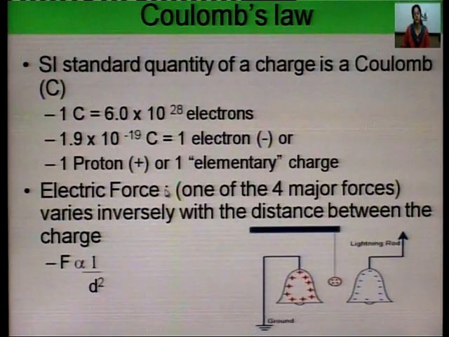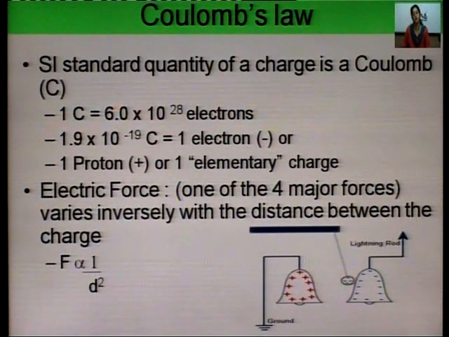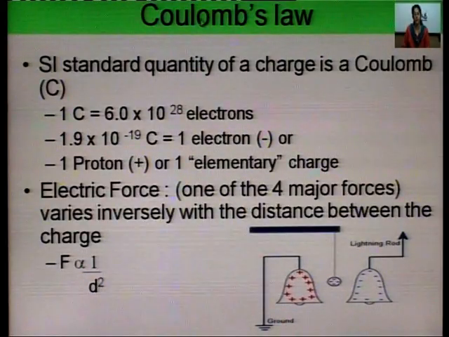So the electric force between positive and negative charges, or two similar kinds of charges, is inversely proportional to the distance between the charges. So gradually we are proceeding toward Coulomb's law. Coulomb's law will tell us about the nature of the force between different types of charges.